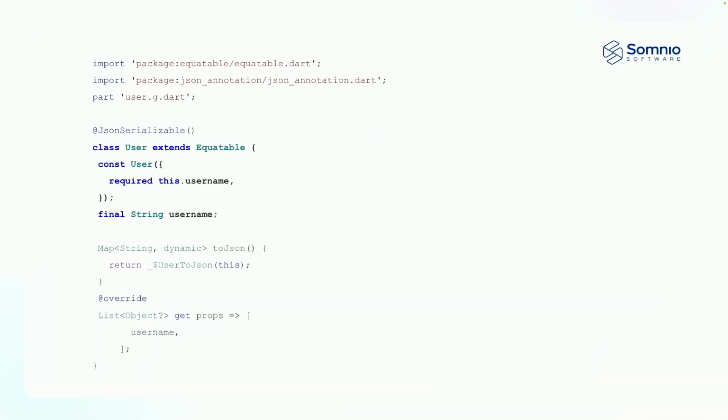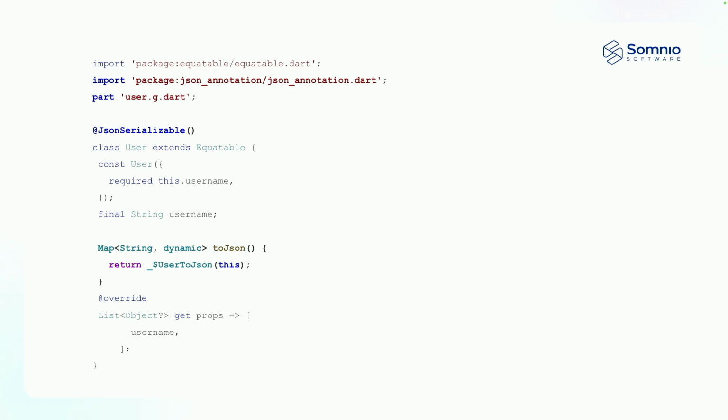This is an example of having a user class, something really common on every project. Maybe you have to define a user class, and you suddenly realize that you need to add a lot of things, such as extending Equatable. You only wanted to have a user class, let's say with a username, and then you start adding annotations, for example JSON annotation, and you have to reference a generated file that is not already created.